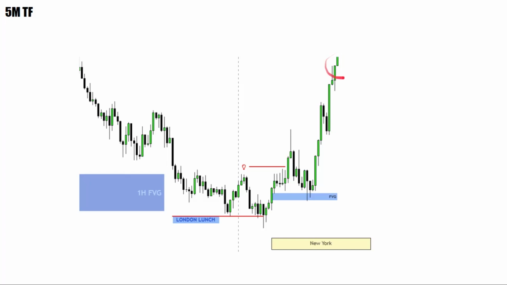And then somewhere around here, we have our silver bullet entries, which could have potentially been this range right here, with this wick right here, which is a rejection block. And if you invert it, supporting price higher. So I hope this was helpful to everybody.